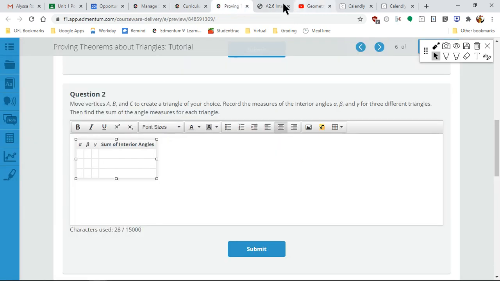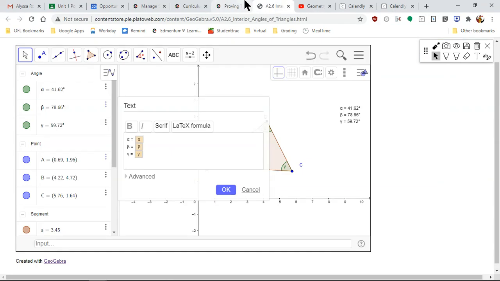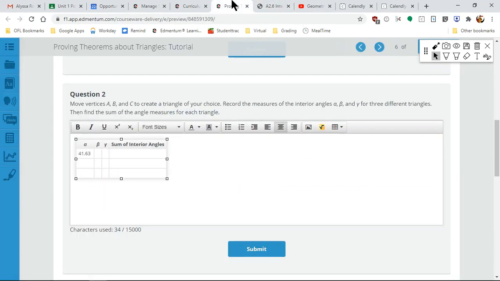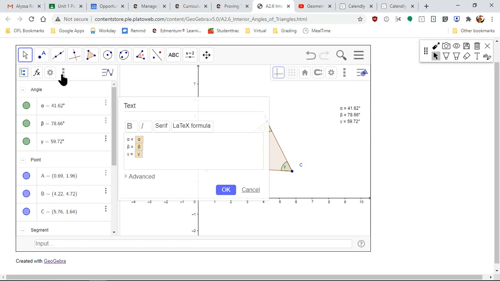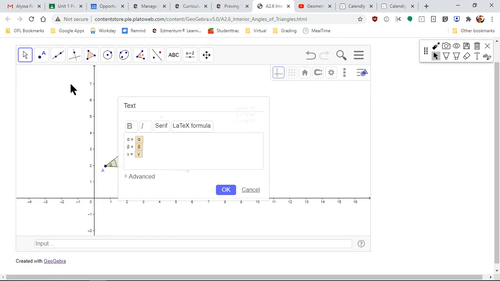This is just checking and verifying that this theorem works. Beta is 78.66. If you don't have this algebra part, I can show you how to access it. Give me a second.